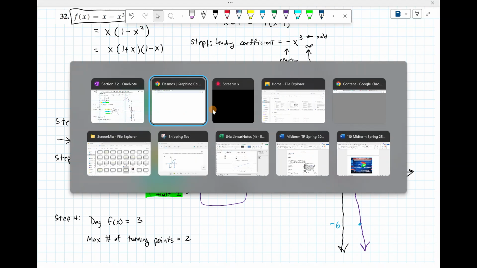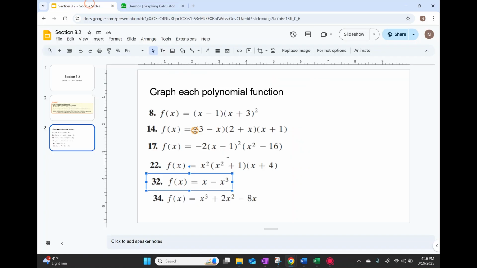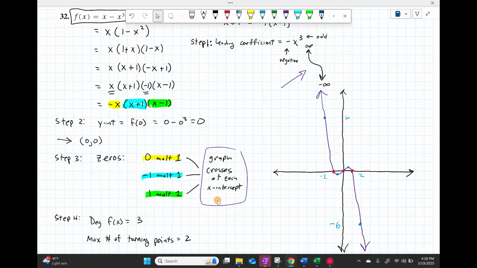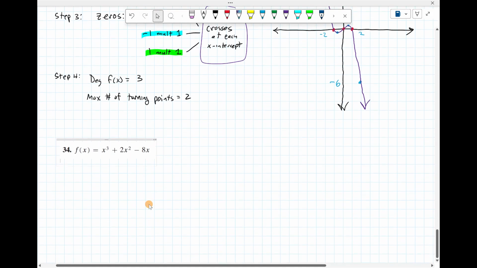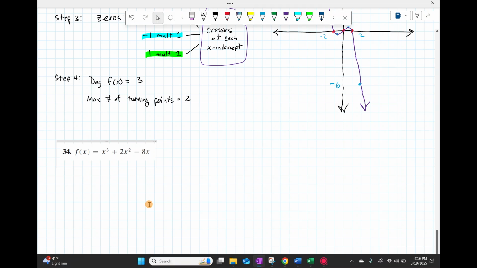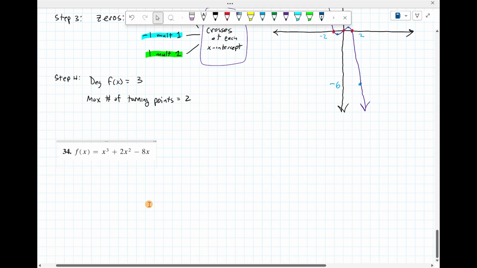All right, we are going to do one more example, which will be this one right here. Again, this one is not factored, but that makes at least some of it easier. So step one, we're going to find the end behavior.